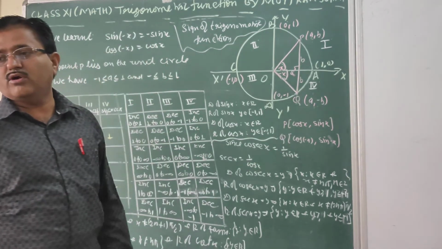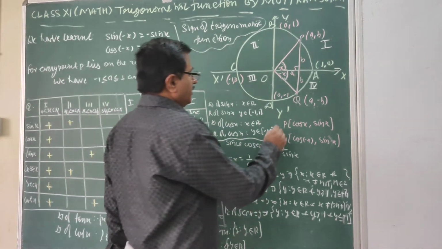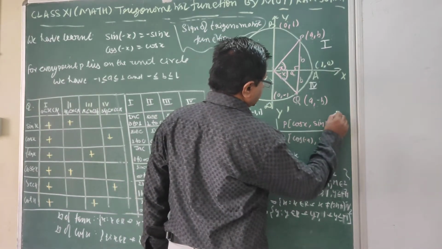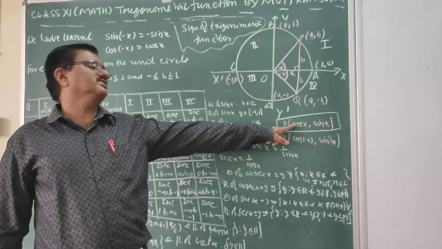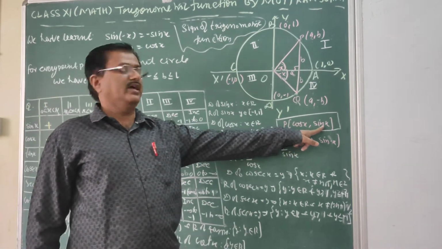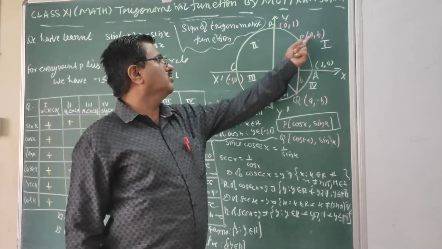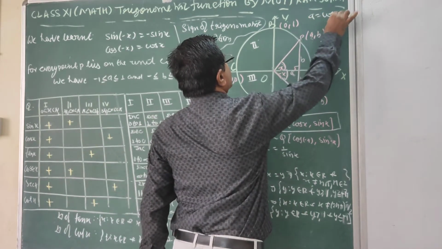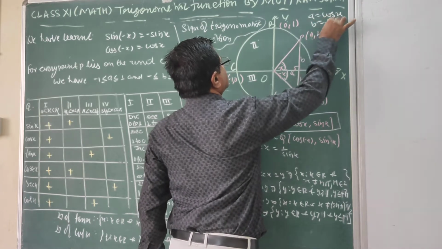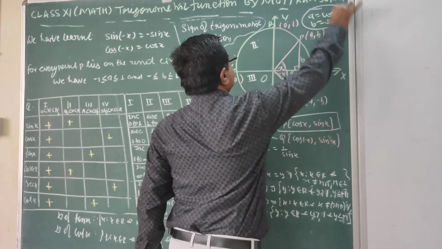In general, we have already discussed that in terms of trigonometric ratios, the coordinates of any point P are cos x and sin x. Means a equal to cos x and b equal to sin x. We already put this in the previous video.